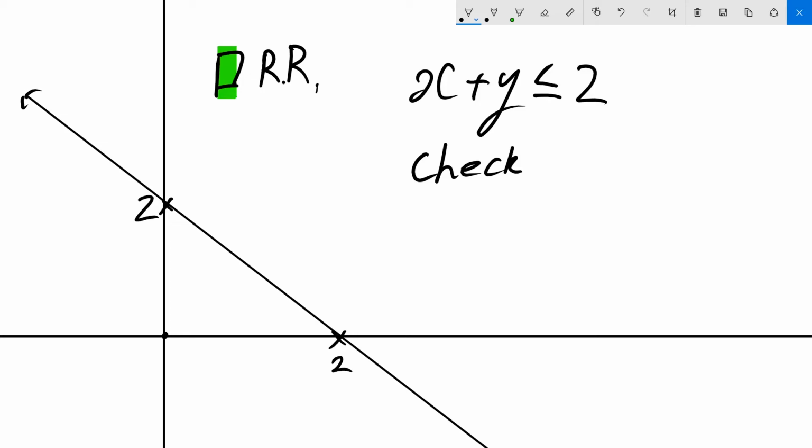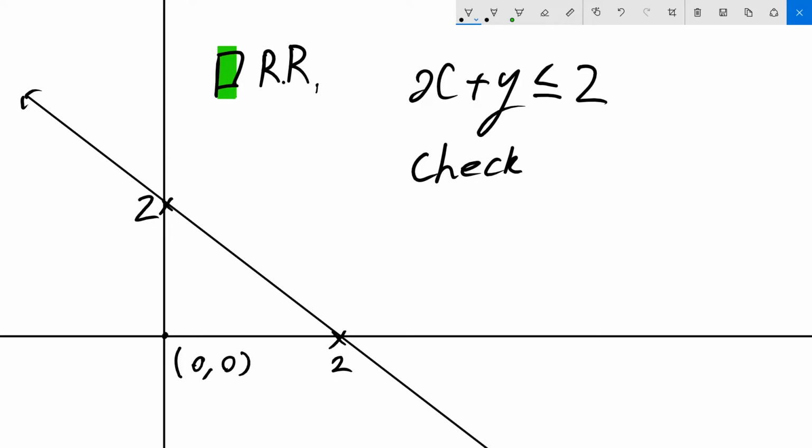So a good point to check is a point that's not on the line, but it's easy to work out if you have something like an x squared or 2x, etc. So a really good example is 0, 0, because that way you'll get rid of x and y.